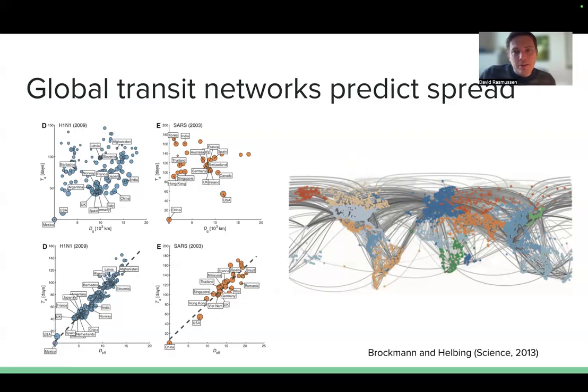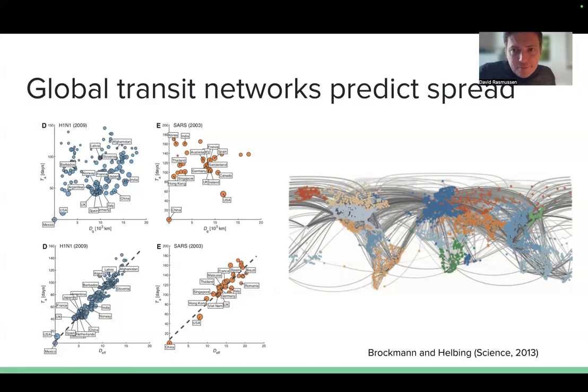But also two, that there are underlying hidden regularities to how these pathogens are moving around the world. And if we can learn what these predictive factors are, then we'll be able to much better predict how pathogens will spread spatially around the world.